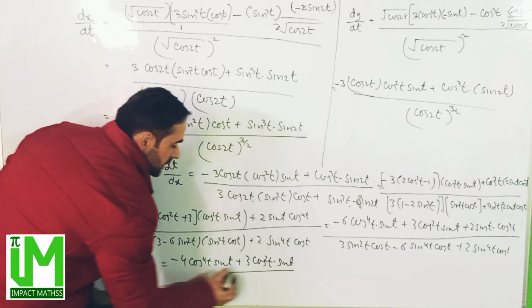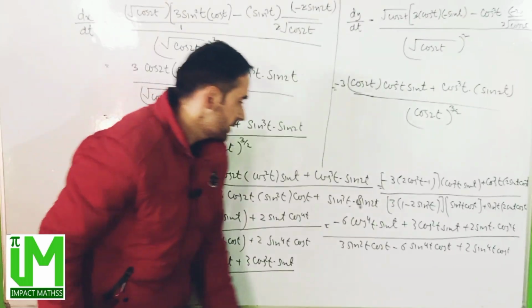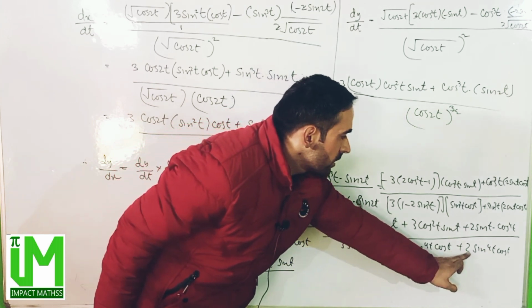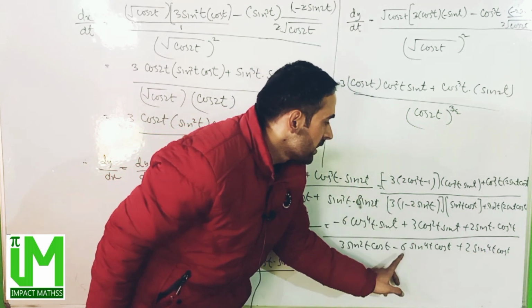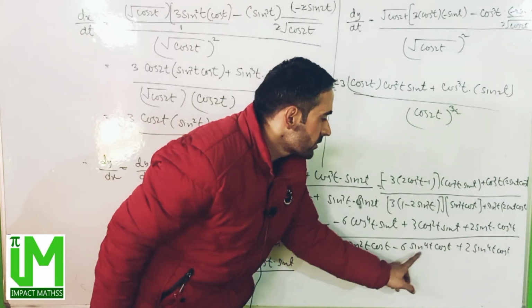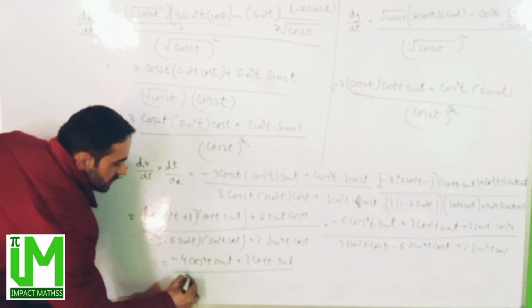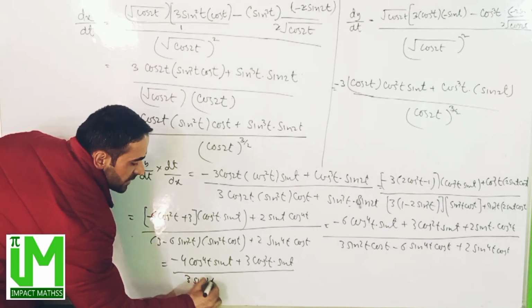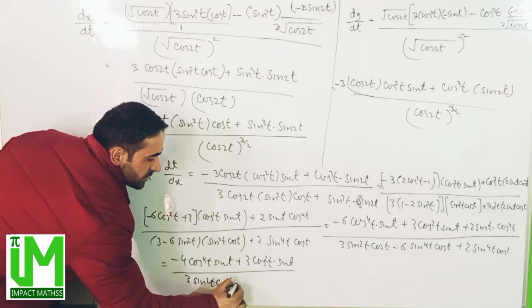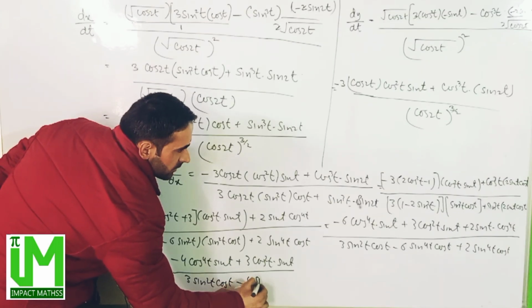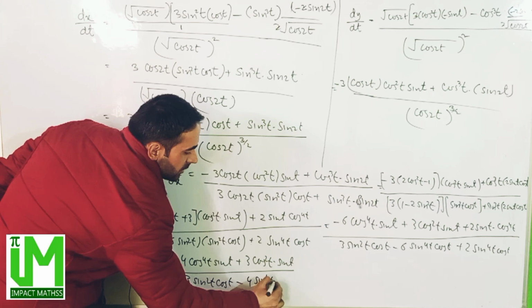Divided by minus 6 sin 4t cos t plus twice sin 4t cos t, which is minus 4 sin 4t cos t, so the denominator will be 3 sin square t cos t minus 4 sin 4t cos t.